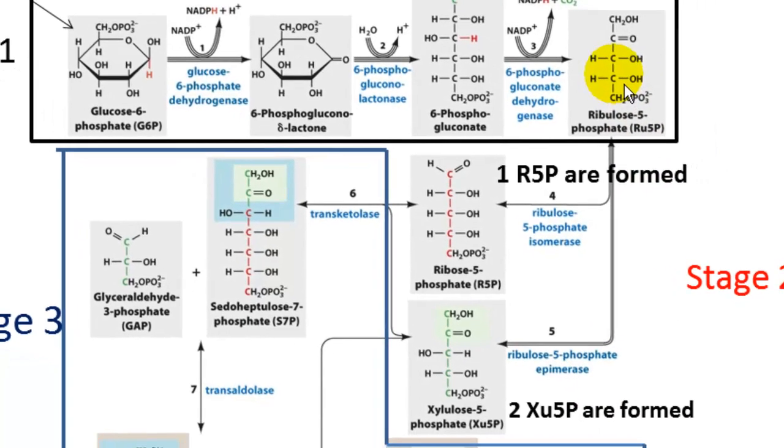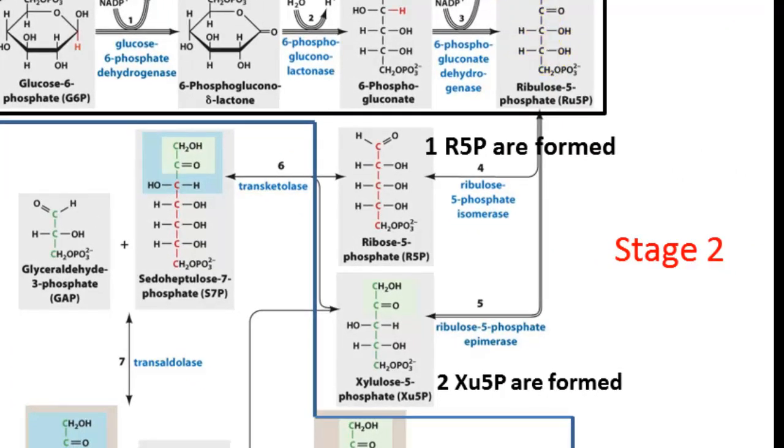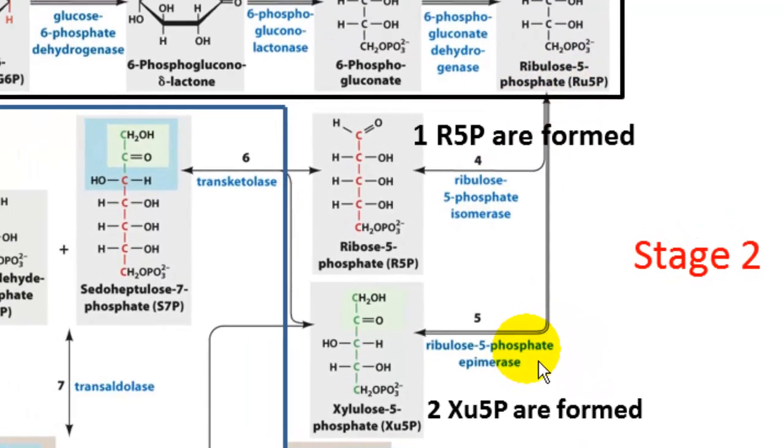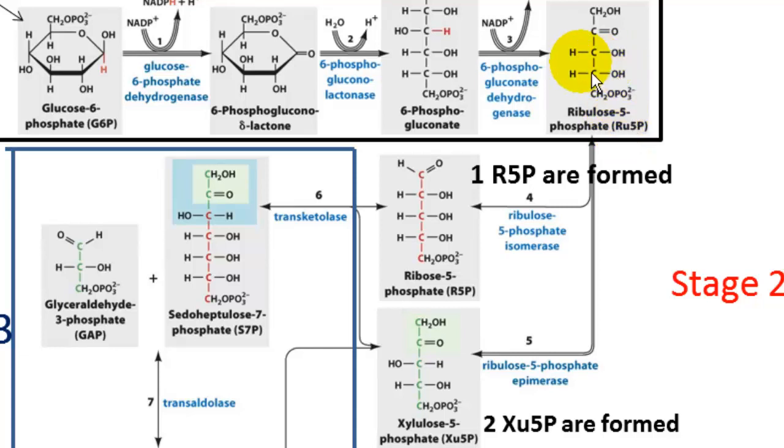So the 3 molecules of ribulose 5-phosphate formed from the 3 molecules of glucose 6-phosphate are going to go through a 1-step isomerization and a 2-step epimerization. By that I mean for every 3 molecules that are generated, 1 molecule of this ribulose 5-phosphate will be isomerized to form ribose 5-phosphate.